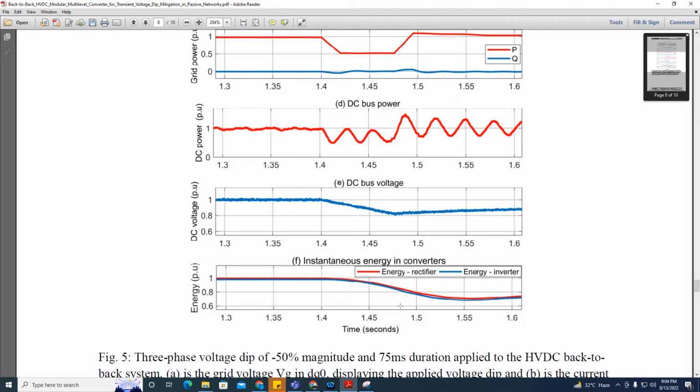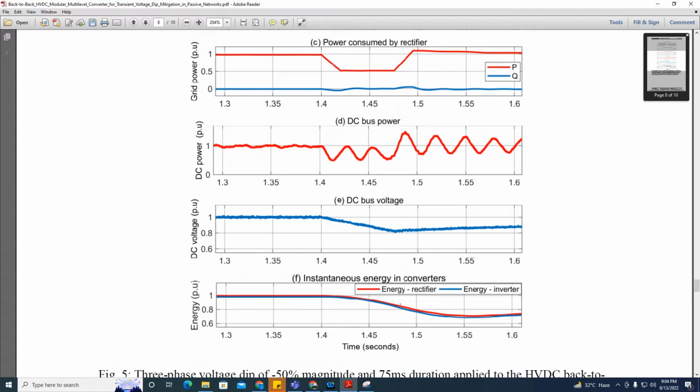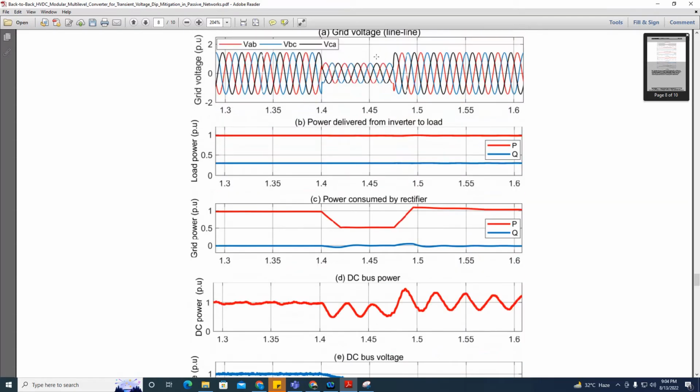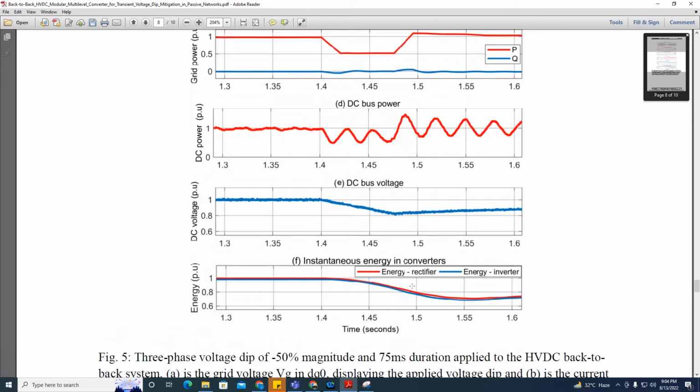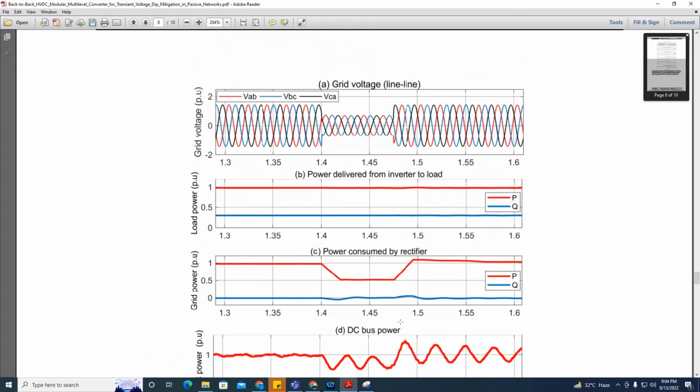We do not recommend operating the inverter in overmodulation. So the dip will result in missing energy, and this missing energy will be compensated by the energy stored in capacitors. During this portion, the capacitors will discharge the energy to mitigate this voltage dip issue.